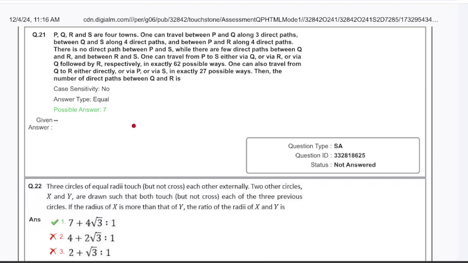Question number 21. P, Q, R, and S are 4 towns. One can travel between P and Q along 3 direct paths, between Q and S along 4 direct paths, and between P and R along 4 direct paths. Let's make it first of all, because in CAT it is very important to summarize every information.